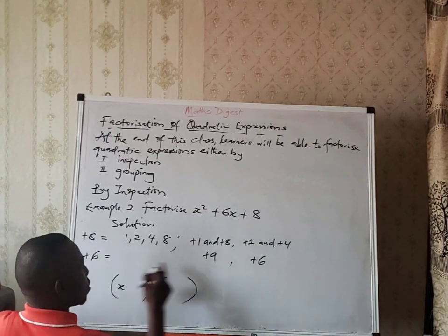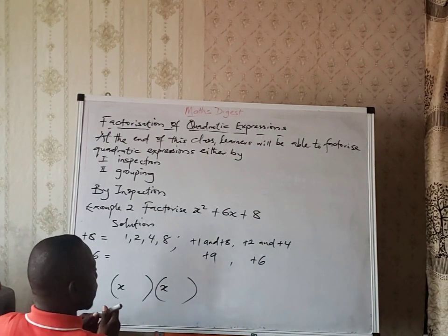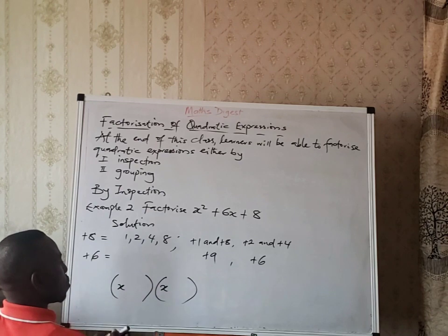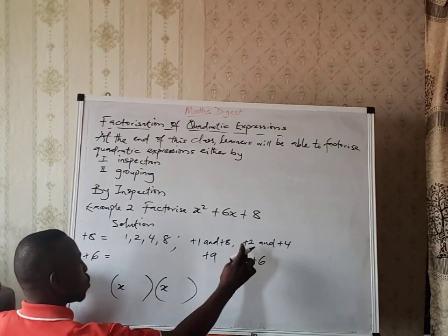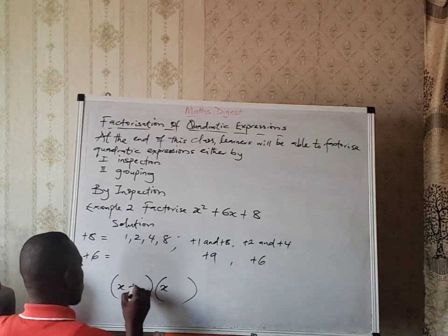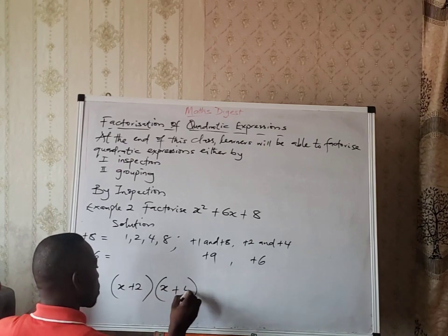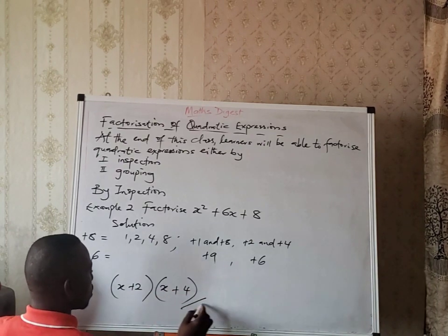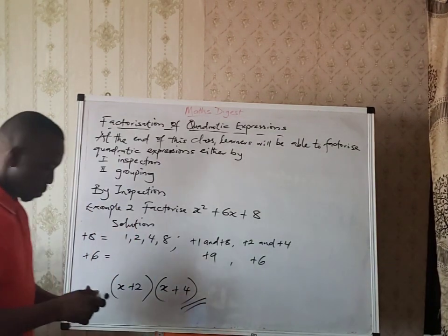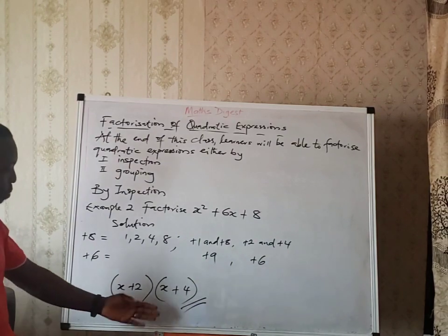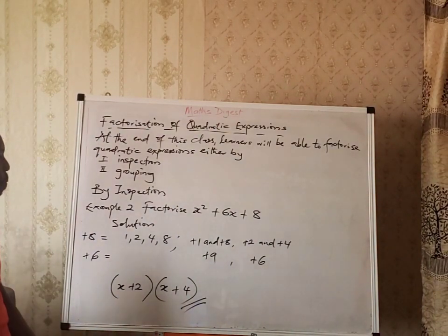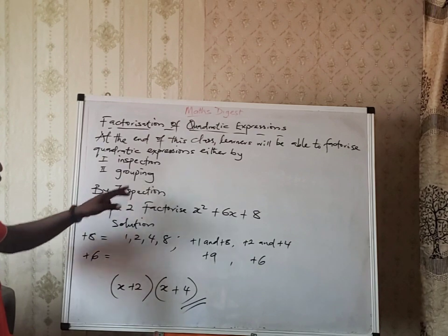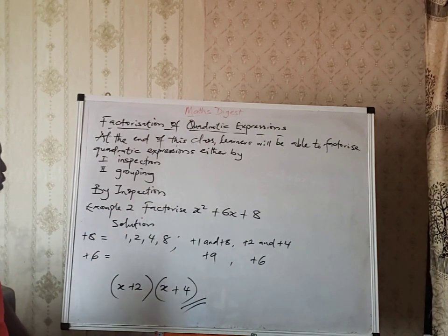So if you look at it, this satisfies the middle one. So with this we choose plus 2 and plus 4. So by inspection, we have solved this. This becomes the answer.